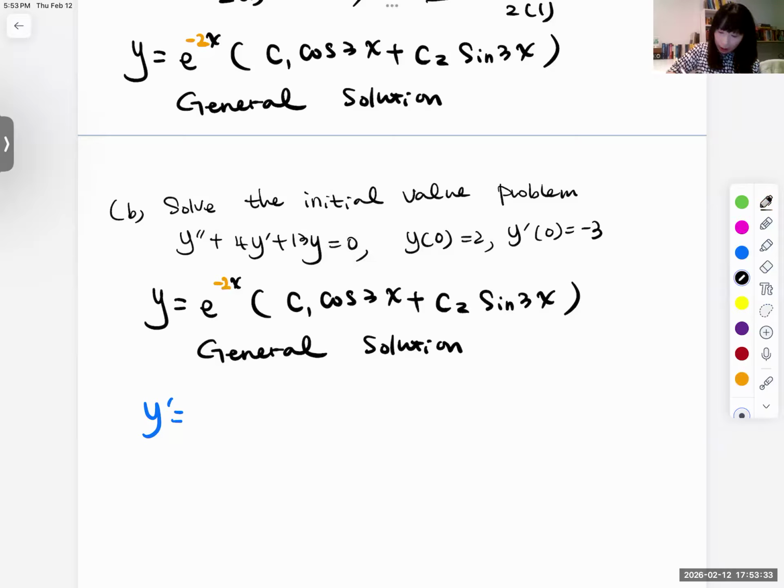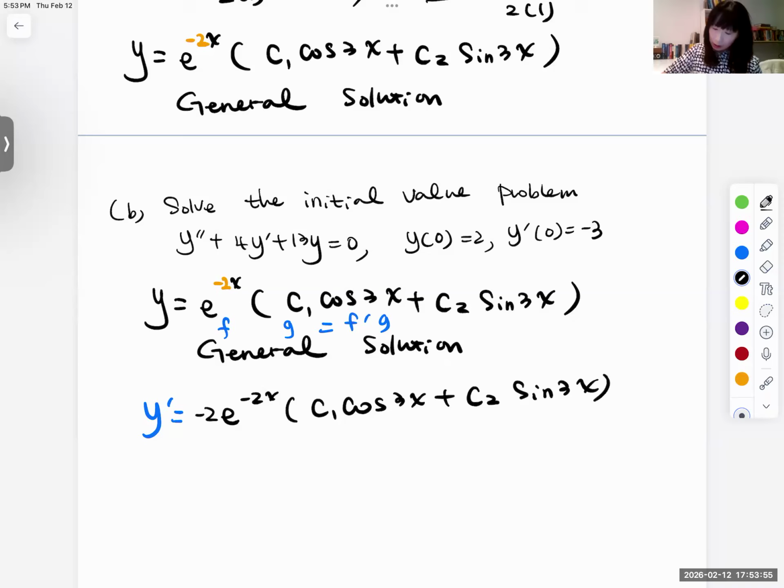Okay, so do again. So e to the negative 2x, and we are using the product rule, f prime g. So negative 2 e to the negative 2x times c sub 1 cosine 3x plus c sub 2 sine 3x. Yeah.